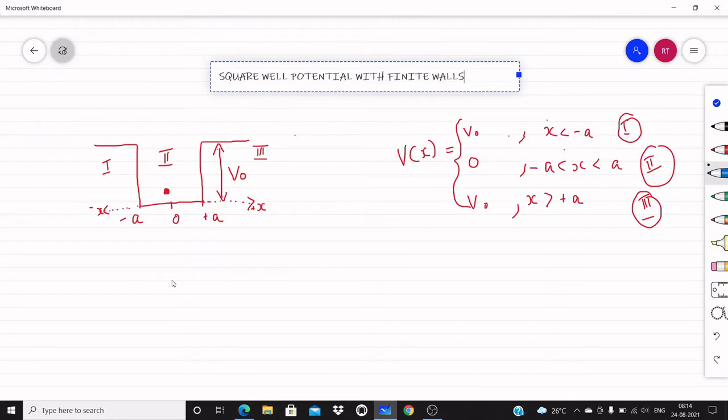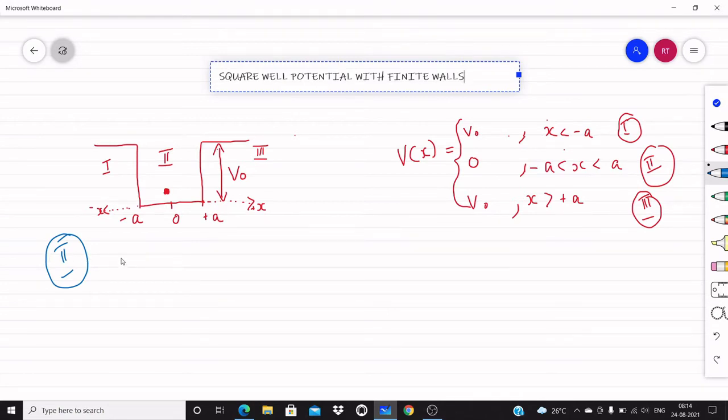Let us take the second region because it is easy for us since we have just completed the case of particle in a box. So let us go for region 2. In region 2, as we know, there is no potential.